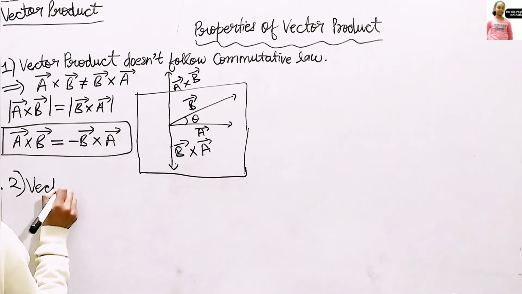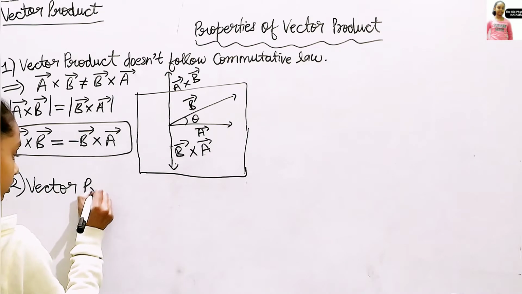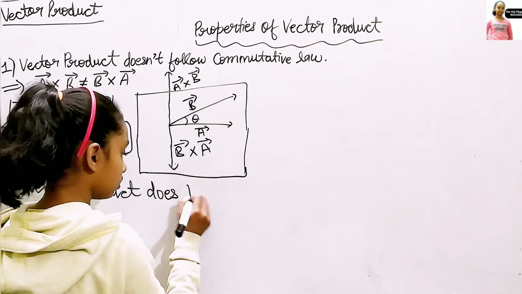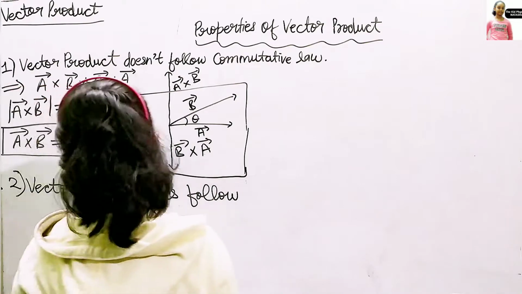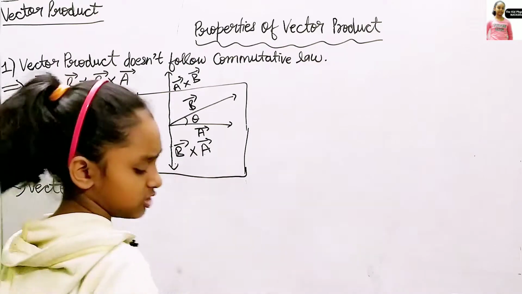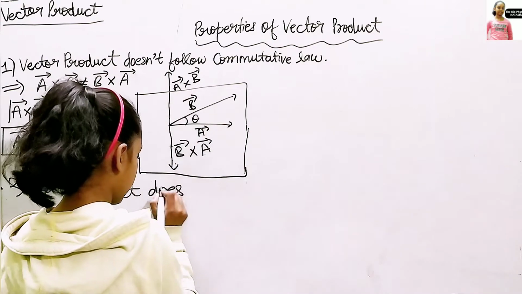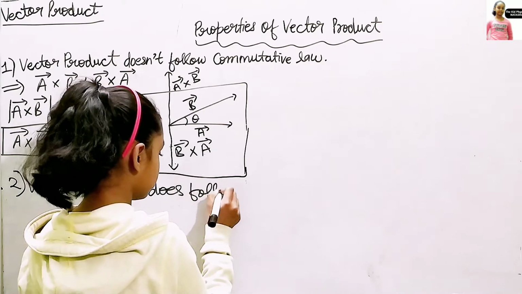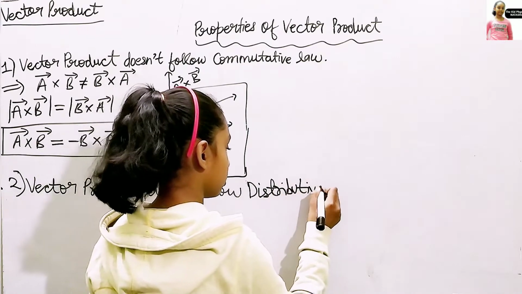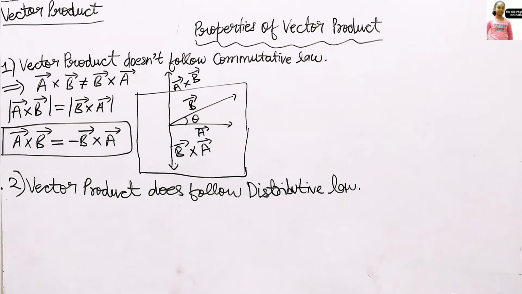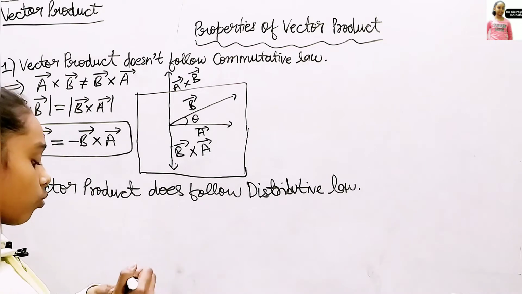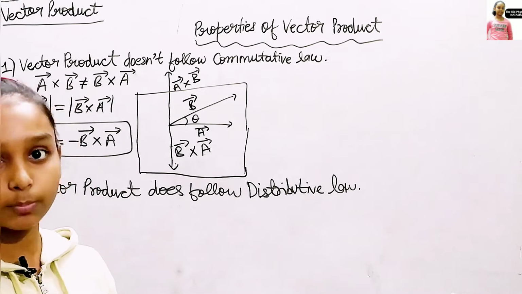So yes, vector product does follow, or simply we can write obey. No, let me just write does follow distributive law. So yes, vector product follows what? Distributive law. It always obeys distributive law.